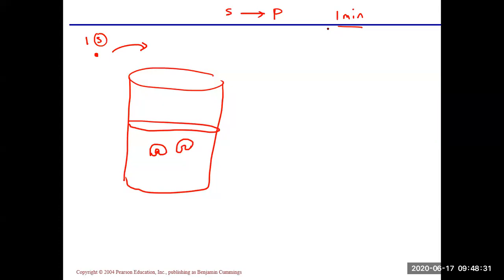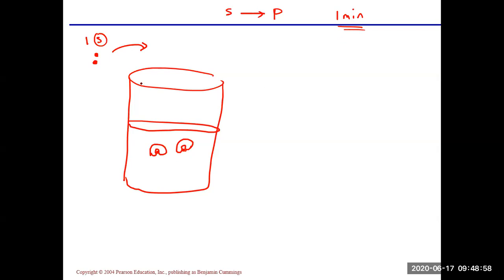Boom. In 1 minute, you have a product. But if you have 2 substrate, all right, 2 substrate binds, you have 2 enzymes, so you could still accommodate that. Again, that would take 1 minute as well. So in other words, it's going to be faster in this case because you have more substrate, but you also have the enzymes. So now it took 1 minute, but you made double the amount of product. All right.